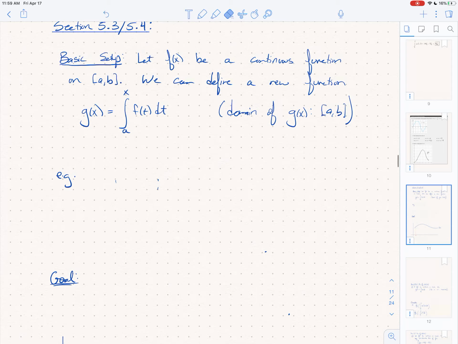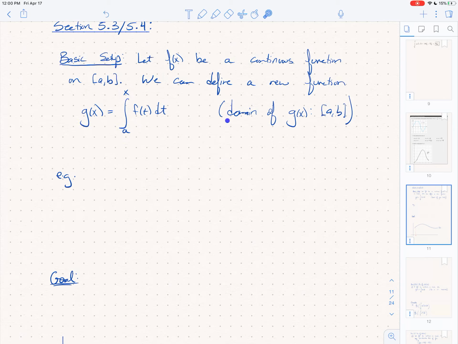All right, so let's see if we can work through this a little bit more generally. So we're going to start off with a continuous function. Let's switch colors. Let's be blue today. So let's let f be a continuous function on a closed bounded interval. Then we can define a new function, this g of x, and it's the integral from a to x of f of t dt.